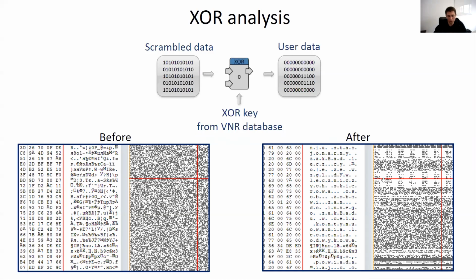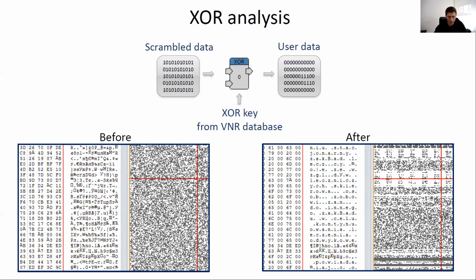The main question here is what key should be applied and where to take it, because it must be the same. I mean, each bit must be the same as the controller used. So VNR has a database of XOR keys, and normally we just need to take that key from the database and apply it. The question is how to check which key to take.